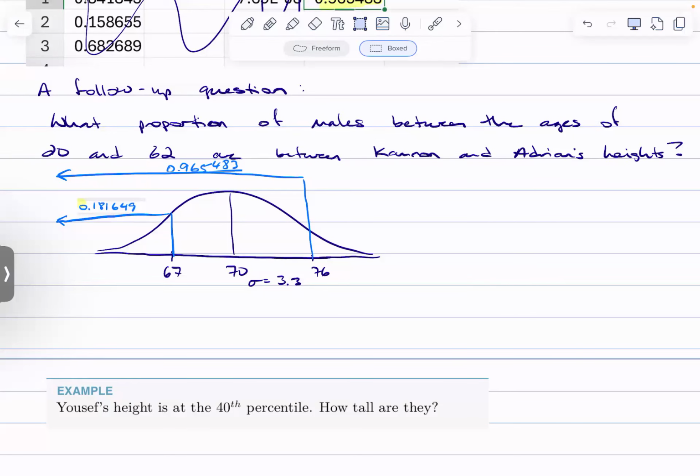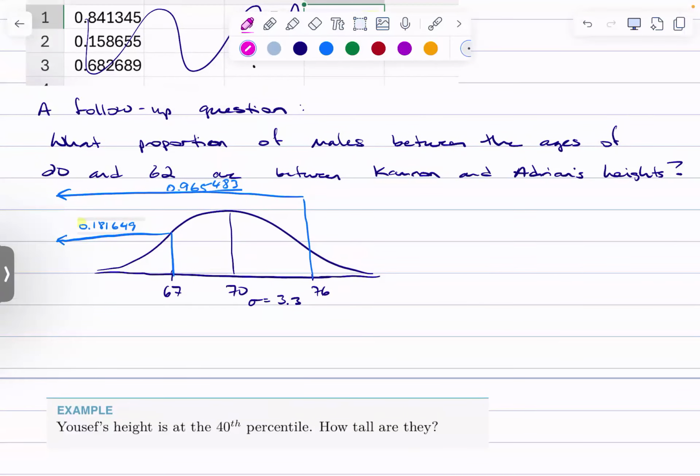So I know those two areas, but the area that I want, what proportion, that tells me I'm looking for an area that satisfies this criteria. They have to be between Cameron and Adrian's heights. And so here's Cameron, here's Adrian. So I'm looking for this area here. Kind of sloppy.